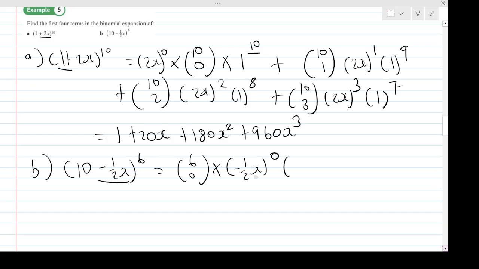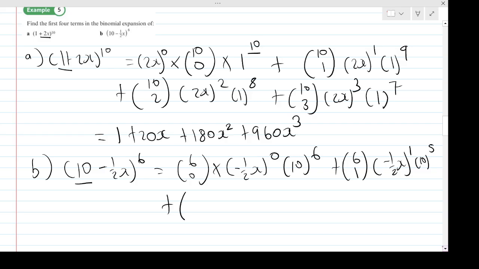Then we have the corresponding term in there, 10, and that'd be to the power 6 to match the 6 there. And there we are, so then the next term would be 6 choose 1, then the minus a half x term would be a power 1, then the 10 would be a power 5 overall, to add up to the 6.